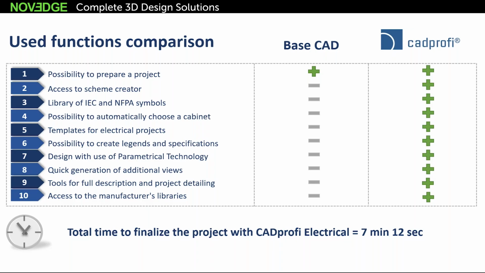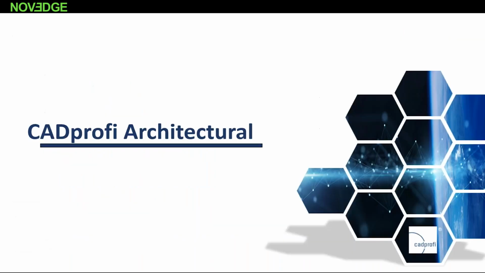Just for your information, the basic training of the CADprofi Electrical module is around 12 hours, and that takes 2 days of 6 hours of training. So there is a lot of other stuff that we could share with you, and hopefully by testing the CADprofi demo that you can grab from Knowledge, you will be able to test it by yourself.